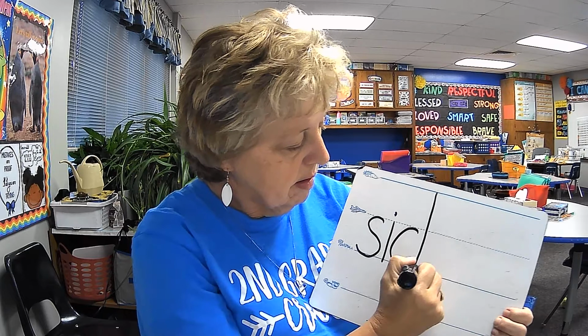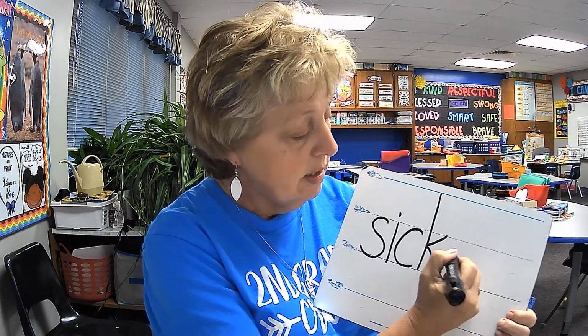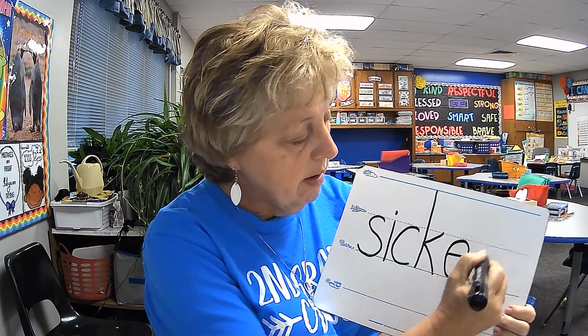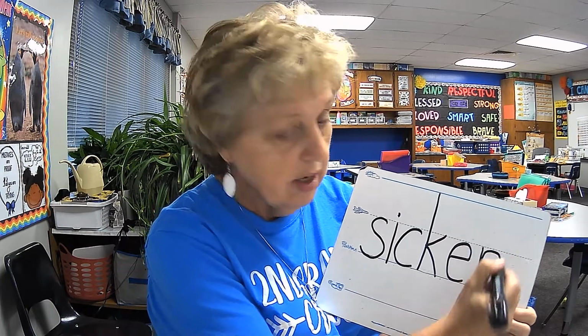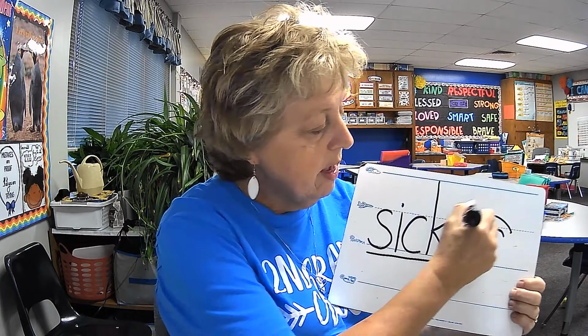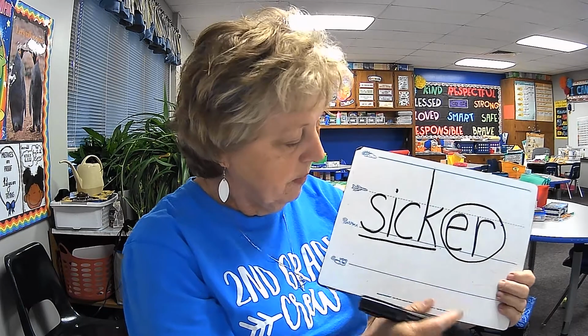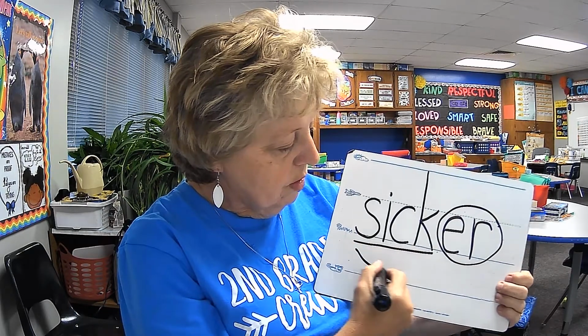Okay, sick. And it has what on the end of sick? S-C-K. Sick. And it has on the end, which would be ER. I felt sicker today than yesterday. So we have our root word and the suffix. It's a one-syllable word with a suffix.